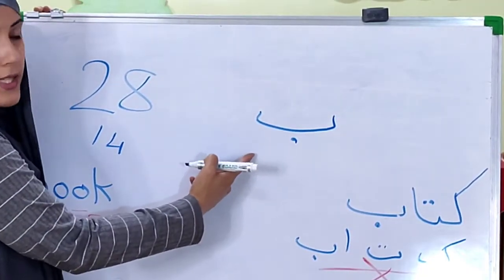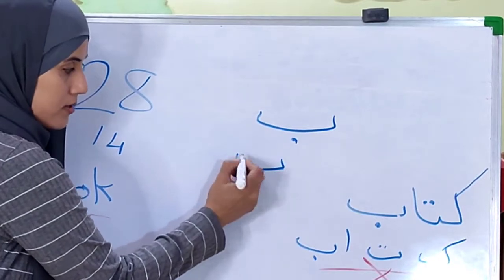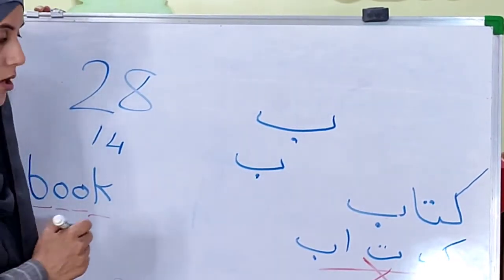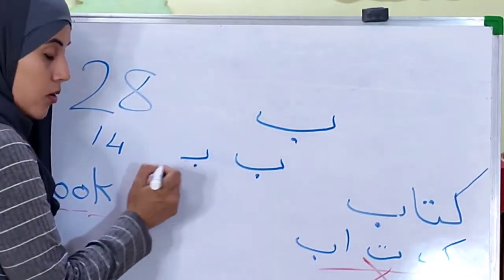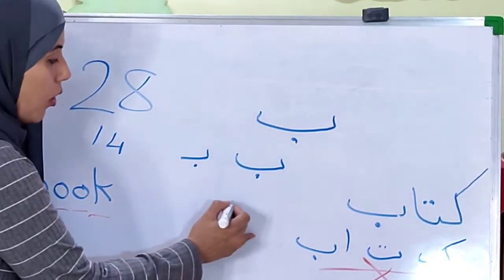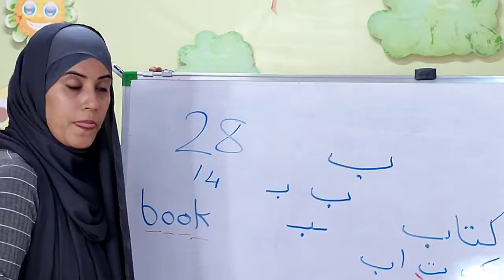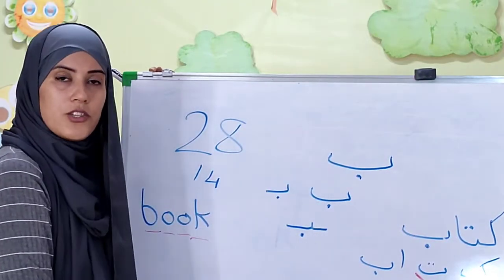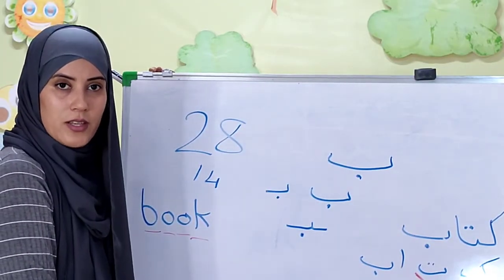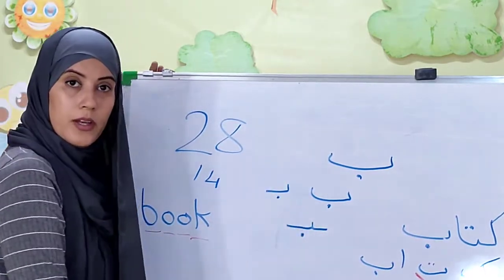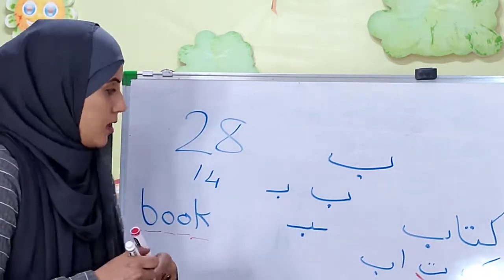You may see it like this when it comes at the end, or like this when it comes at the beginning, or like that when it comes in the middle. I will explain them all slowly in our sessions, but you should know that they appear in different shapes, okay?